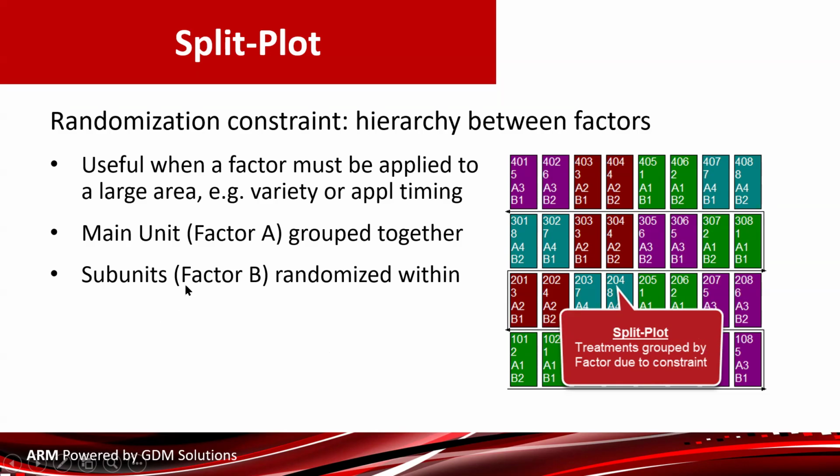So the product factor B, that's also called the subunit, that can be randomized however. So as you imagine these pairings of colors, you'll notice B1, B2, they can be B2, B1. So those are random within. Of course, again, I've only used two, so there's not a whole lot of different combinations you can run yourself into, but that's what the split plot is. We have this constraint we got to work around.